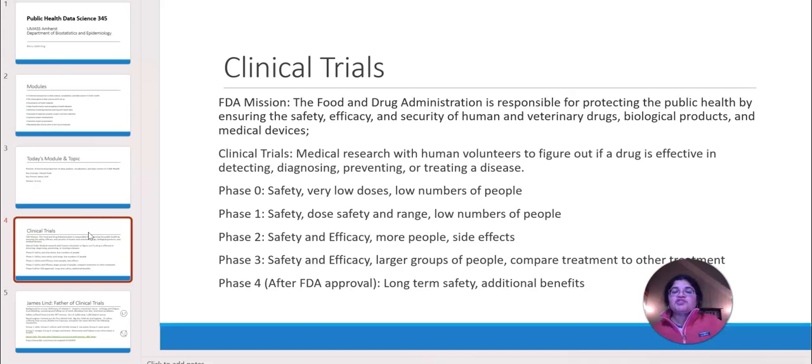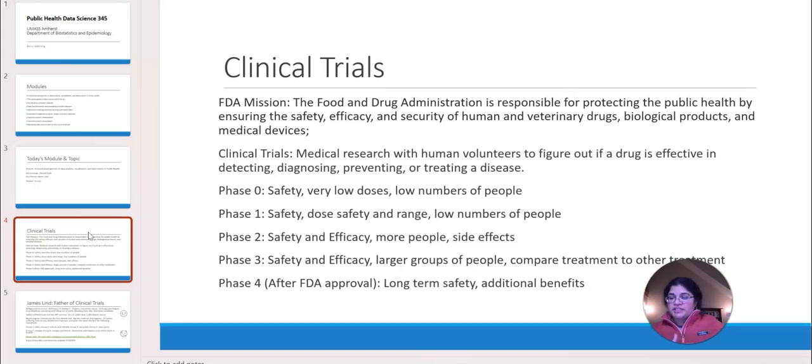So clinical trials are medical research done with human volunteers, and their whole reason is to figure out whether a drug that's being tested is effective in detecting a disease, diagnosing a disease, preventing or treating a disease.